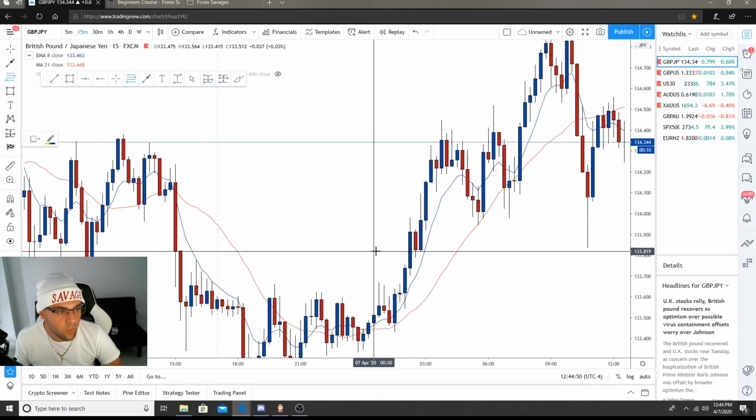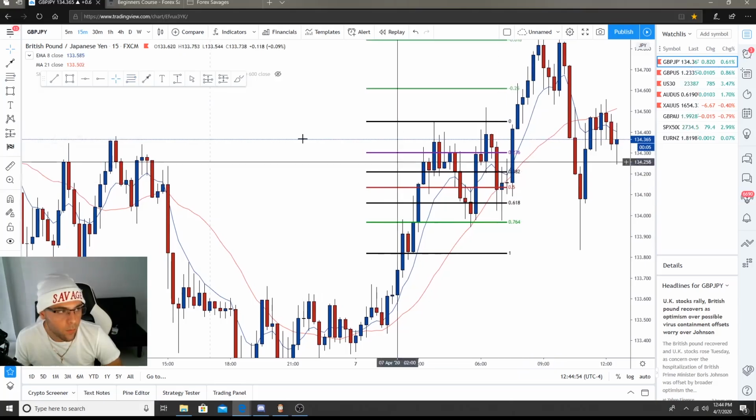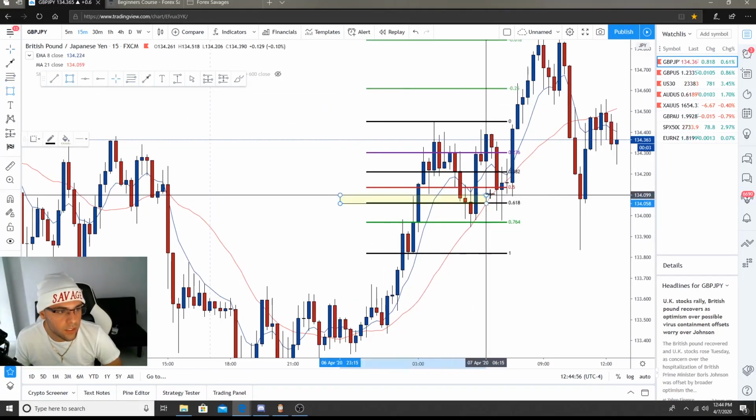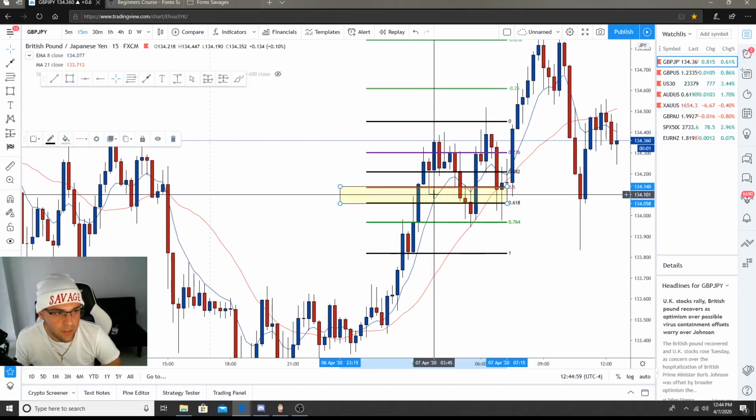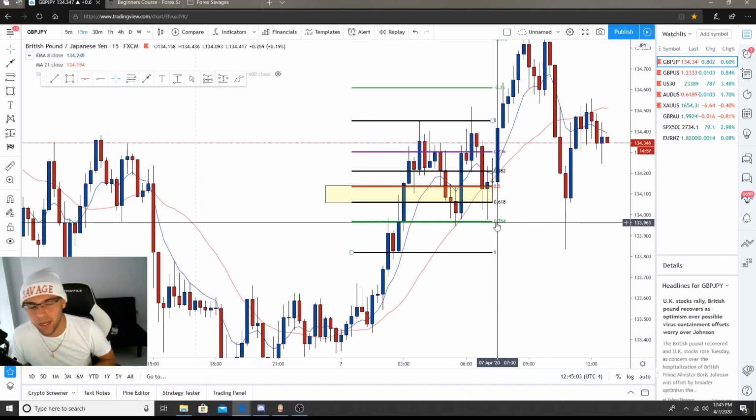So we're starting here and ending here. We're going to draw our golden zone here because we're focused on what's happening here. Worst case scenario, we have 764 as our backup.